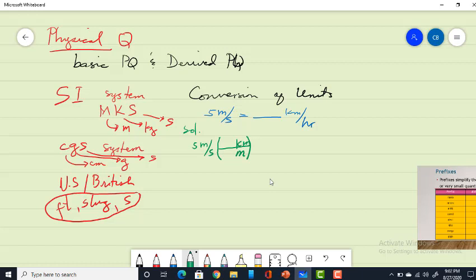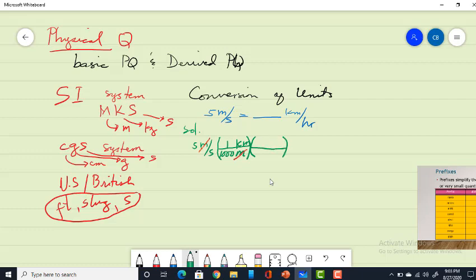Now, in 1 kilometer, how many meters? Kilo, so 1,000. That's the common conversion for kilometer. You can now cancel the meter, and what's left is kilometer. But we need to convert our second to hour.